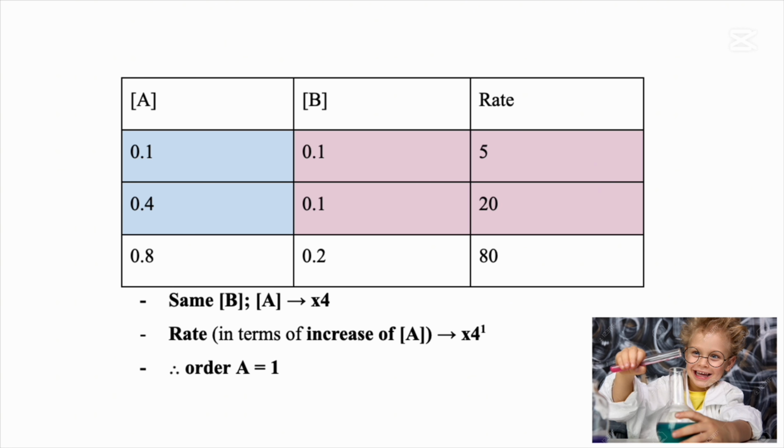And we write the rate in terms of increase of substance A. So in this case, it's increased by a factor of 4 to the power of 1. And that power will tell us the order of substance A. In this case, it is 1.